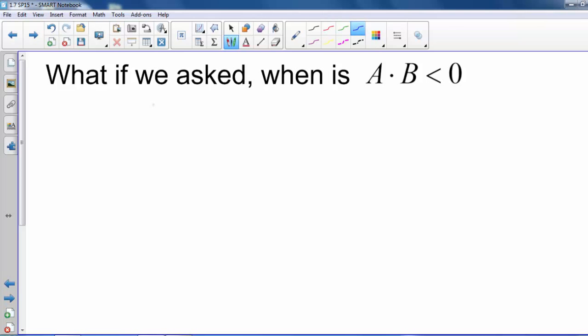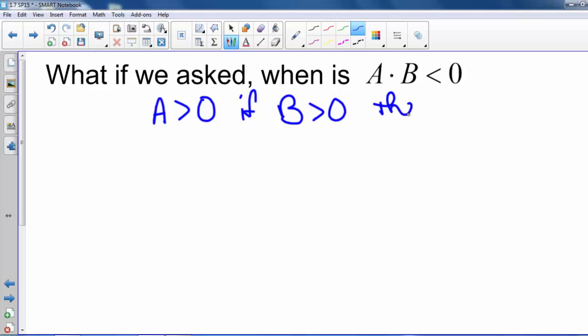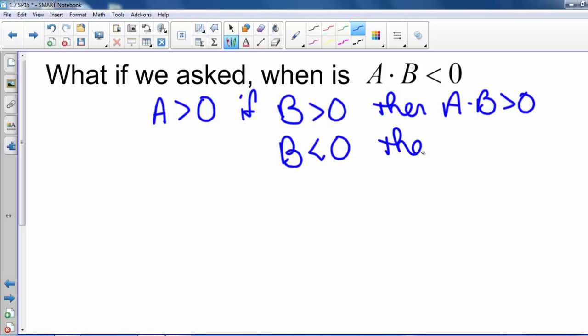So we know that if a is positive, so if a is greater than 0, then if b is greater than 0, then two numbers multiplied together give you a number that is positive. So then a times b will be greater than 0. But if b is less than 0, then a times b will be less than 0, because a positive number times a negative number gives a negative.